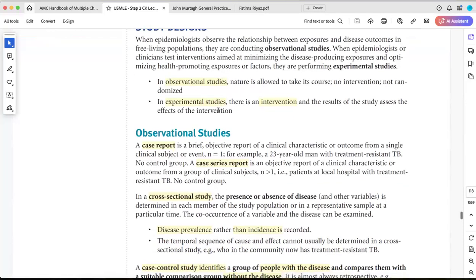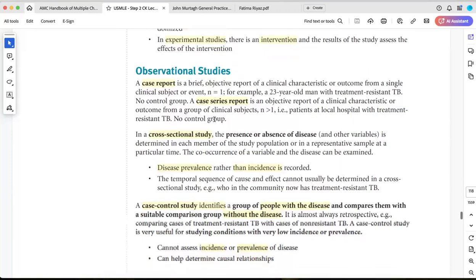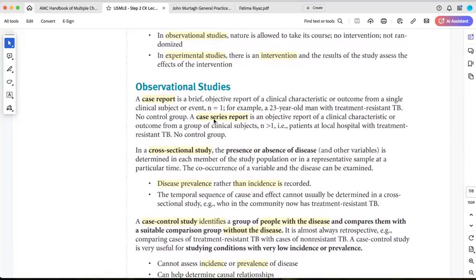Whereas in experimental studies, you do intervene, and the result of the study assesses the effect of the intervention. For example, if you give a medication to a group of people, and after a couple of years you check what kind of side effects the patients have got, that's an experimental study.